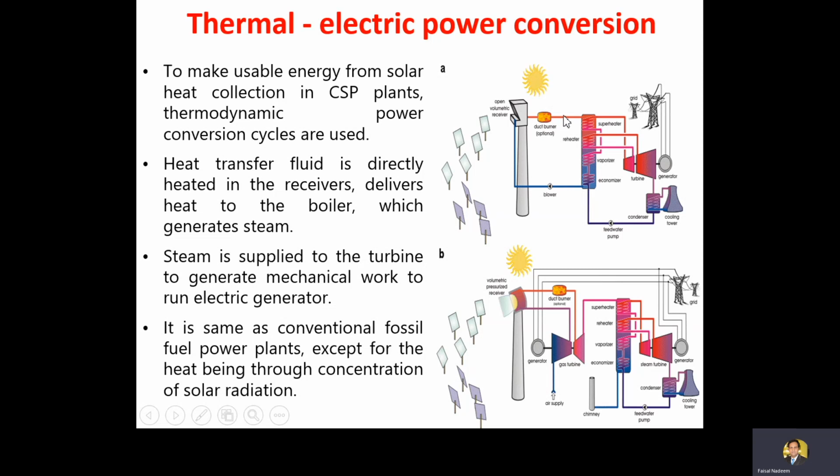So this high temperature fluid will then pass through this heat exchanger, which basically comprises the superheater, reheater, vaporizer and economizer. And after passing through this heat exchanger, the working fluid basically loses its heat, and then again it is ready to reach the tower.